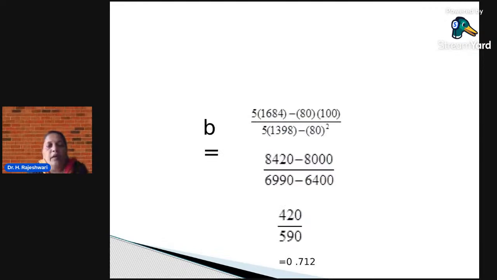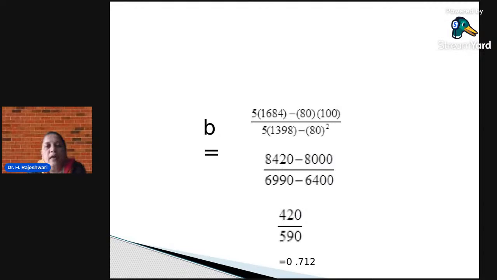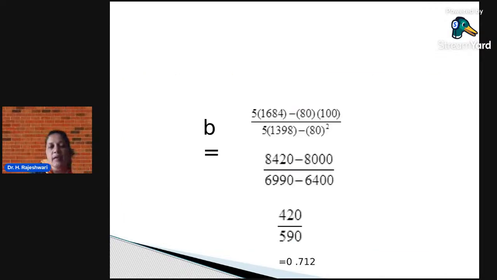B equals n into sigma xy, that is 1684, minus sigma x sigma y, divided by n into sigma x square, that is 1398, minus sigma x whole square.